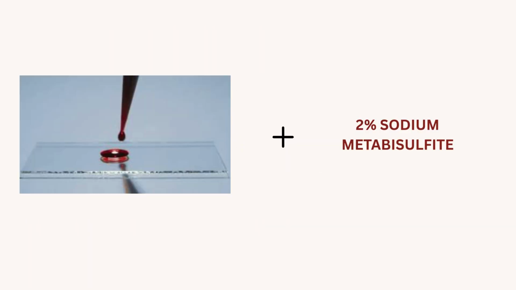Place 1 drop of blood on a glass slide and add 1 to 2 drops of 2% sodium metabisulfite to the drop of blood. Afterwards, mix well using an applicator stick. Now place a cover slip on top of the sample and press down slightly to remove any air bubbles and to form a thin layer of the mixture.